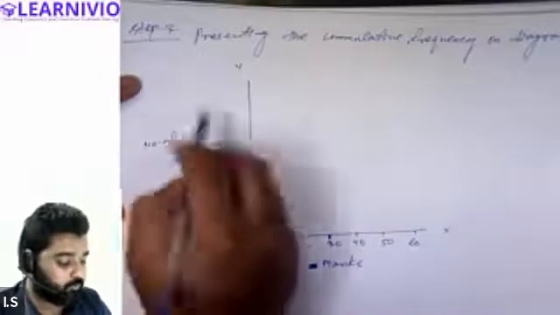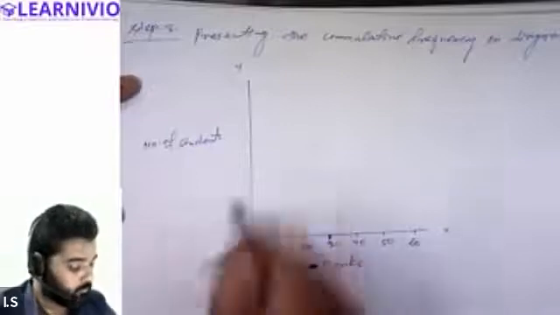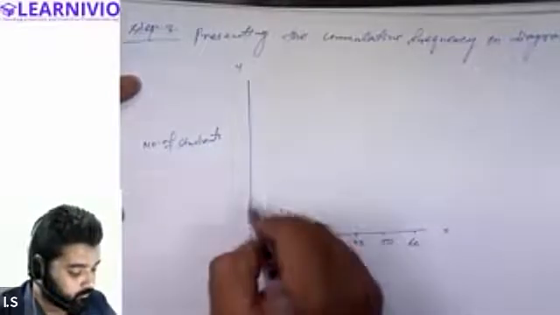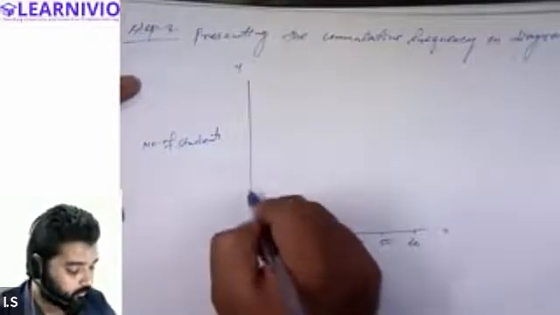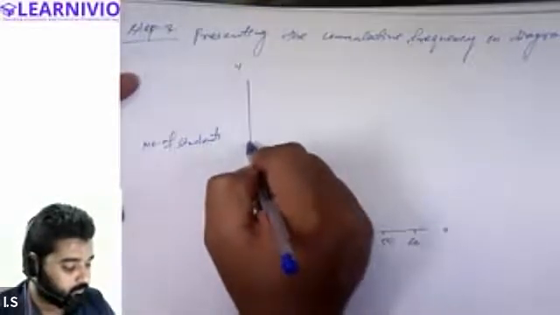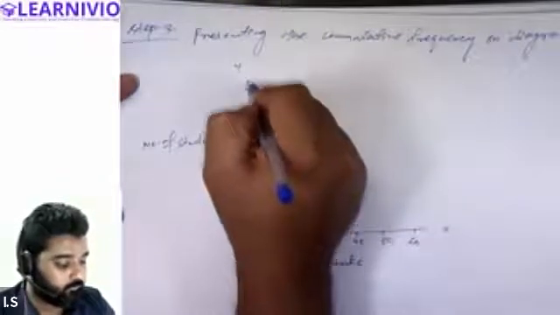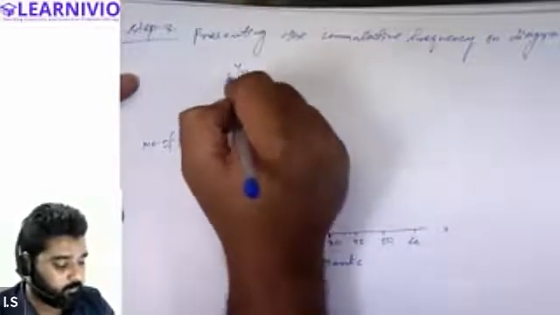The number of students will be shown on the y-axis: 5, 10, 15, 20, 25, 30, 35, 40, 45, and 50.